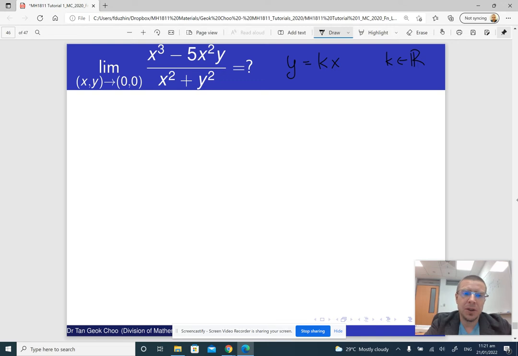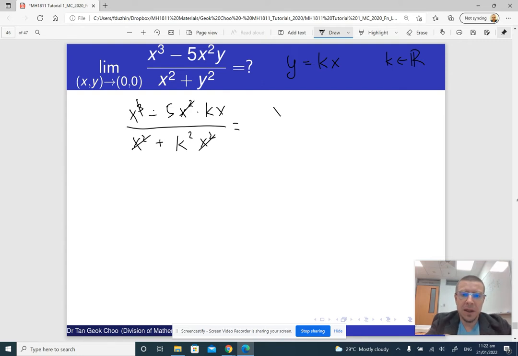If we do this, we will have to replace y with kx in the given expression. So then we will get x cubed minus 5x squared times kx divided by x squared plus k squared x squared. We can cancel by x squared.